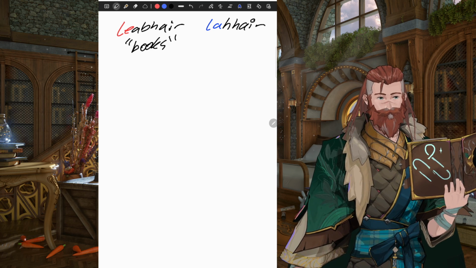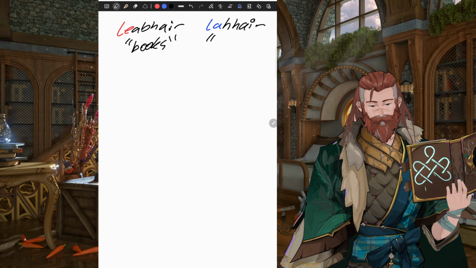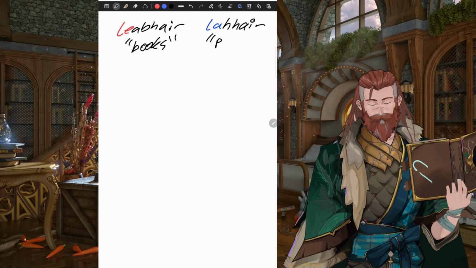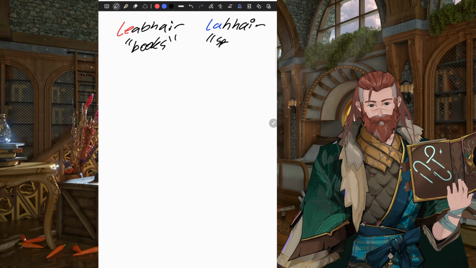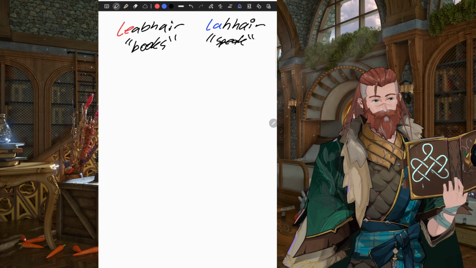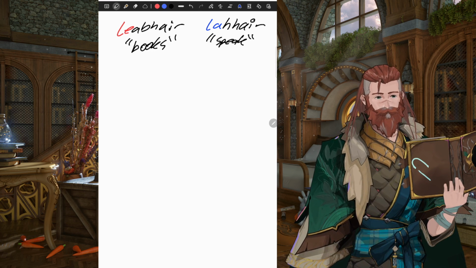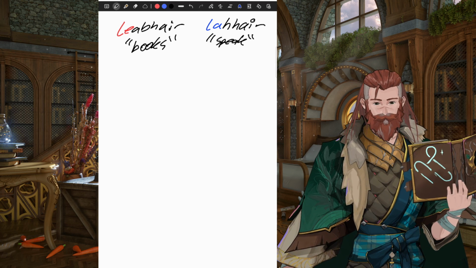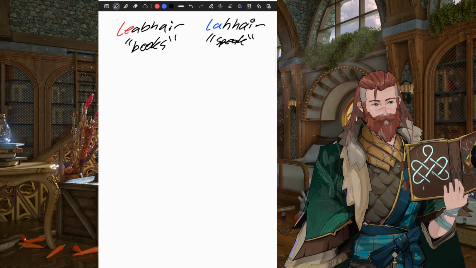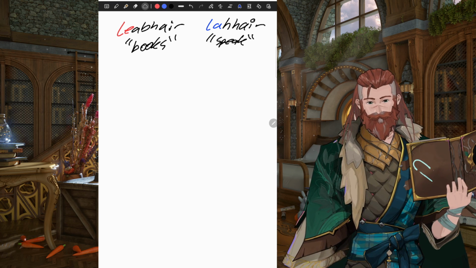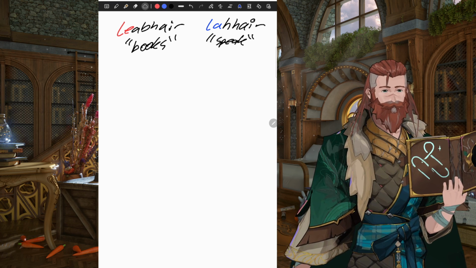In this case, because the L is broad, this doesn't mean books, it means speak. So subtle differences making some things mean completely different words.